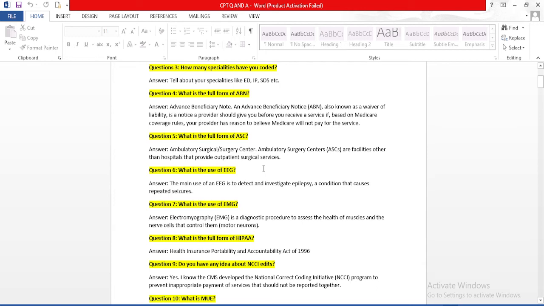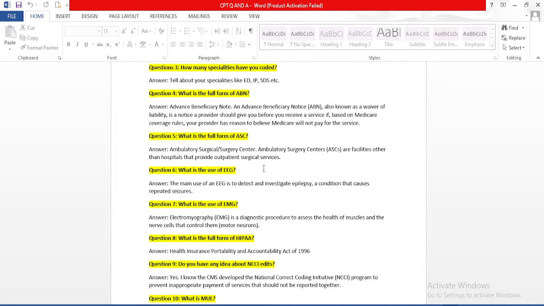Next one, what is the full form of ABN? ABN means Advance Beneficiary Note. An Advance Beneficiary Note, also known as a waiver of liability, is a notice a provider should give you before you receive a service if, based on Medicare coverage rules, your provider has reason to believe Medicare will not pay for the service.